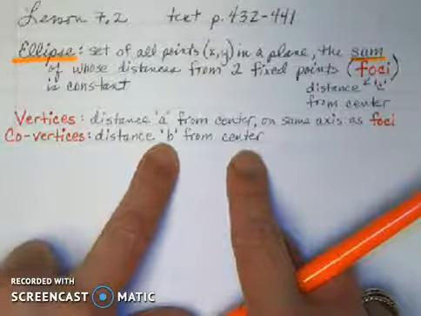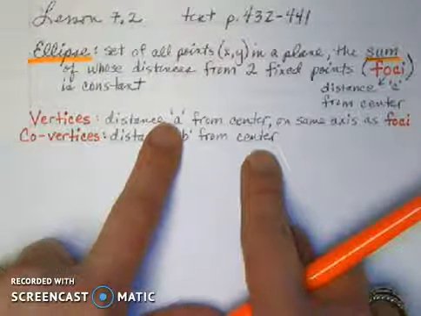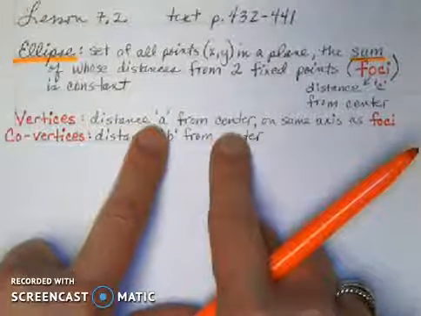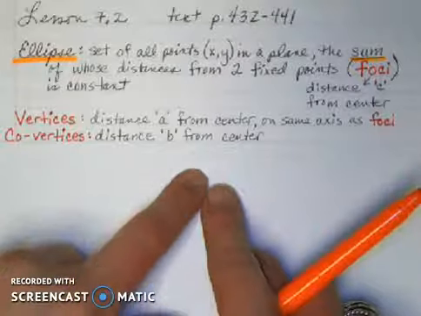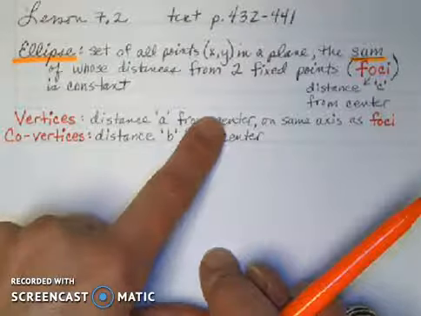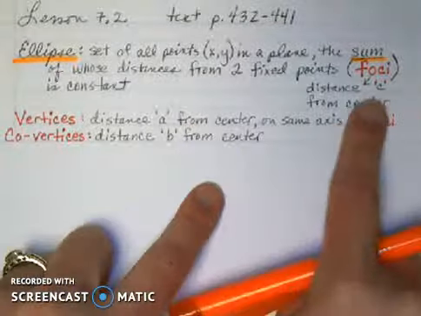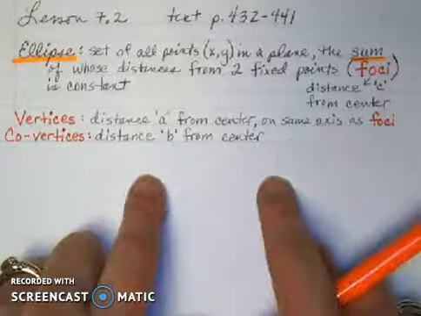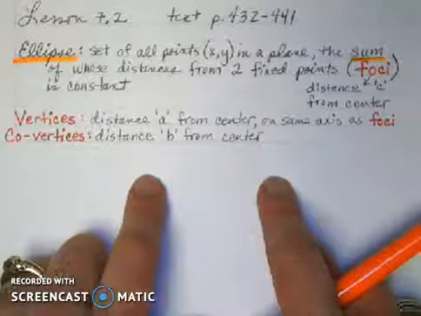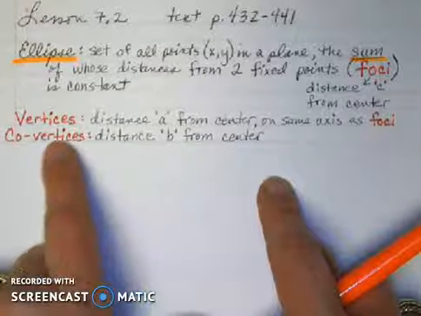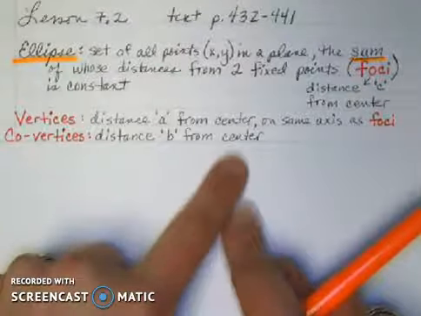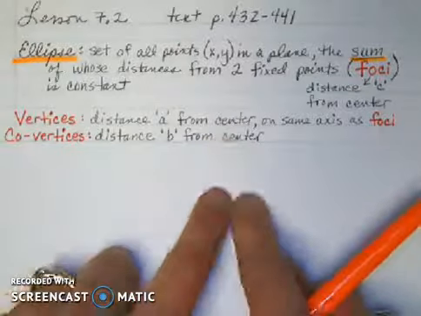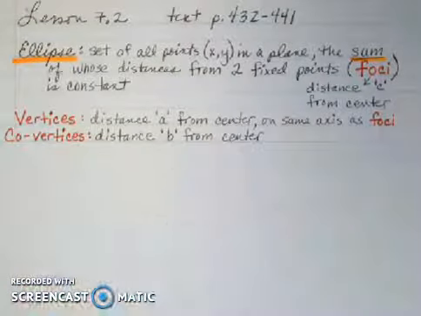So the vertices are a from the center, going from the center out to a, or from the center up and down to the vertices. And remember, the foci would be on that same line, but it would only go out a distance of c. Covertices are a distance of b. If the major axis is vertical, the covertices would be horizontal.